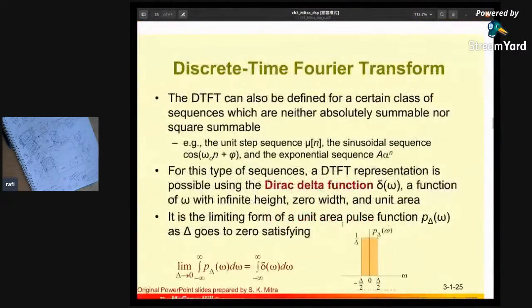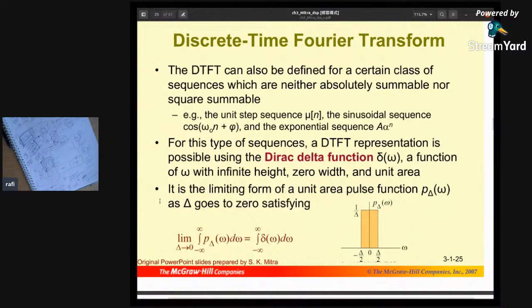So now, moving on to the new topics of DTFT. By this time you should have some knowledge of finding the DTFT of any given signal. First, you need to check whether the signal is absolutely summable or not. If it is absolutely summable, then you can directly put x of n in that summation, x of n e power minus j omega n.